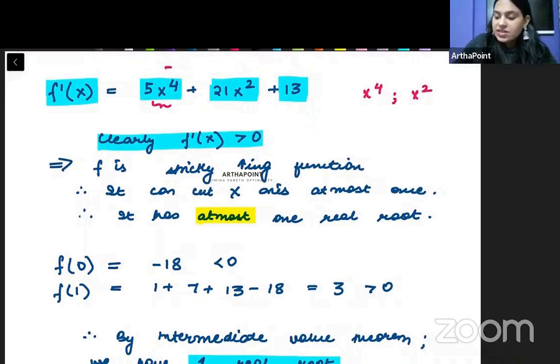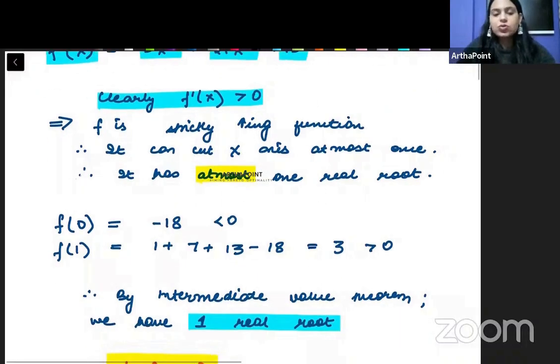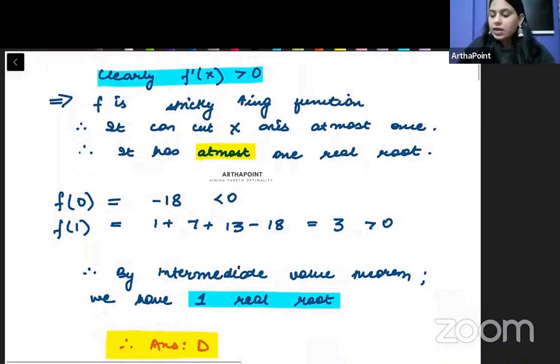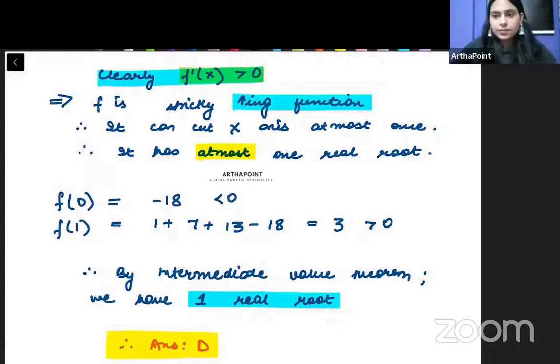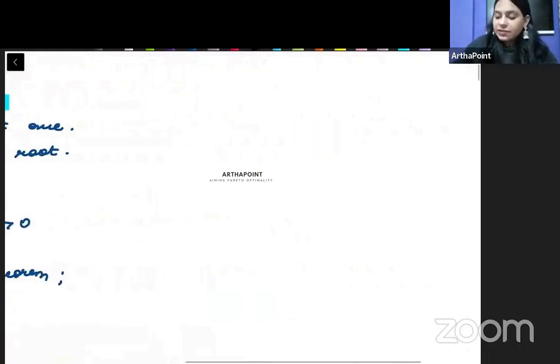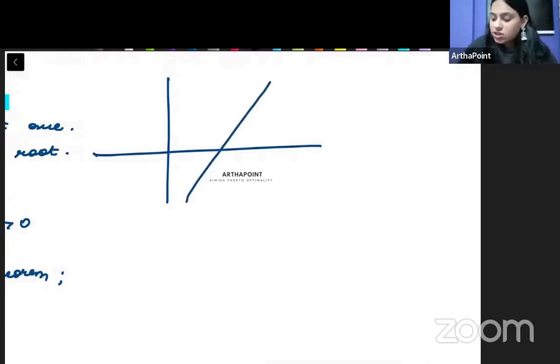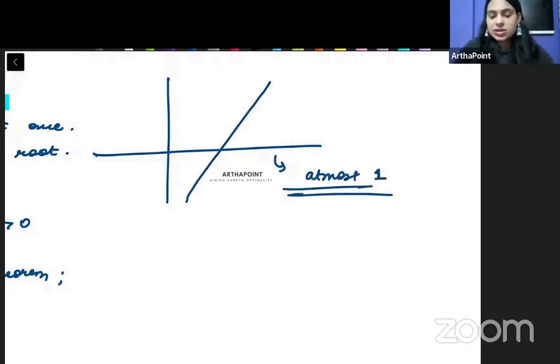So clearly we can see that f dash x is strictly greater than 0. It is strictly positive. Now, because f dash x is strictly greater than 0, it means that it is an increasing function. And we know that whenever we have an increasing function, the function can cut the x-axis at most one time. ज़्यादा से ज़्यादा maximum एक बारी वो cut कर सकता है.